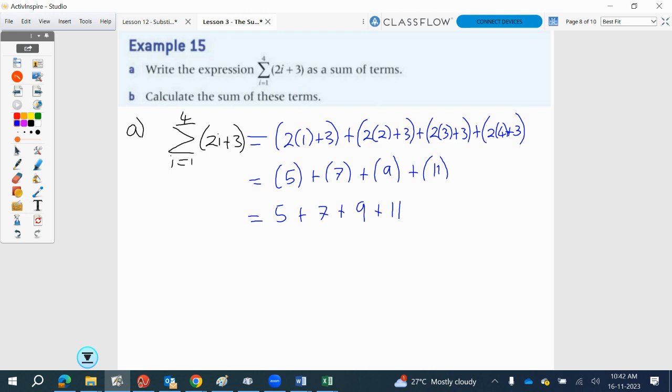So what type of formula is this one, 2i plus 3? It's linear. It's an ax plus b. So if you have the sum of something which is ax plus b, like this one, what is the common difference going to be? A. What is the first term in the sequence? Technically it's a times i plus b.